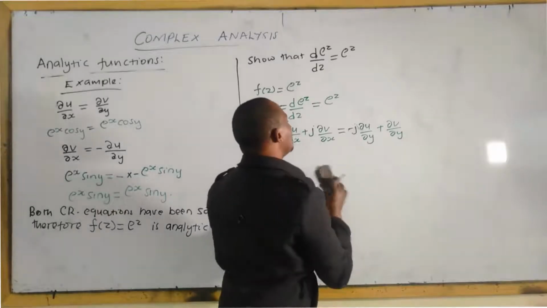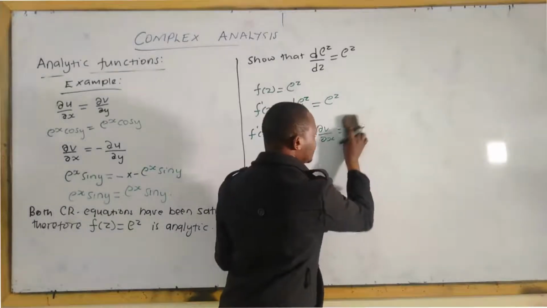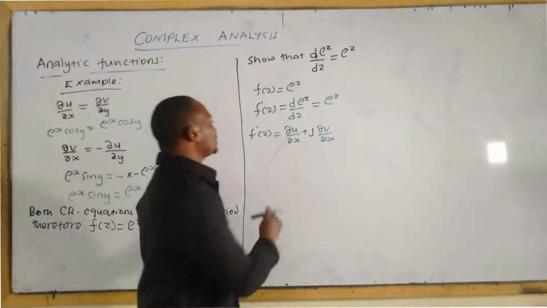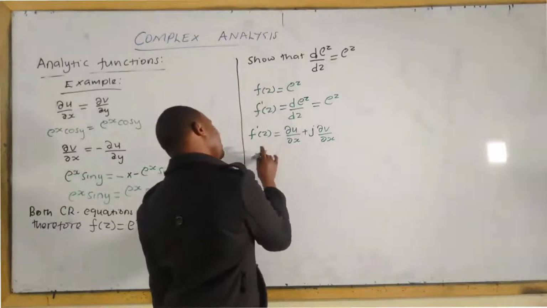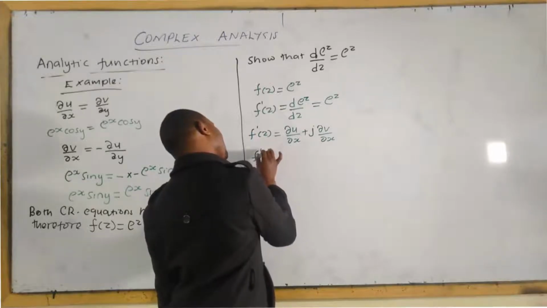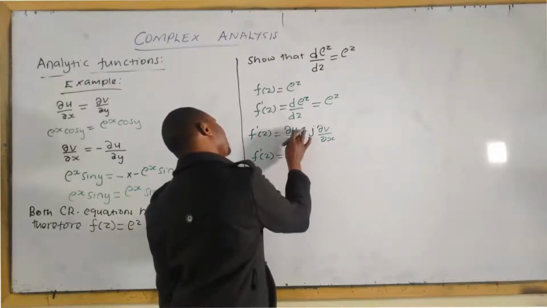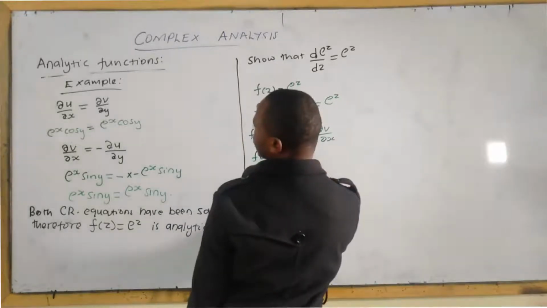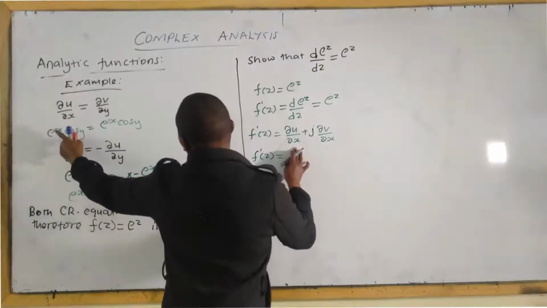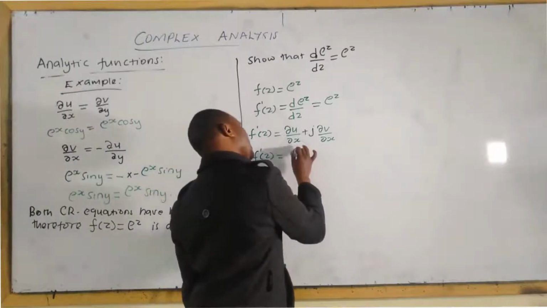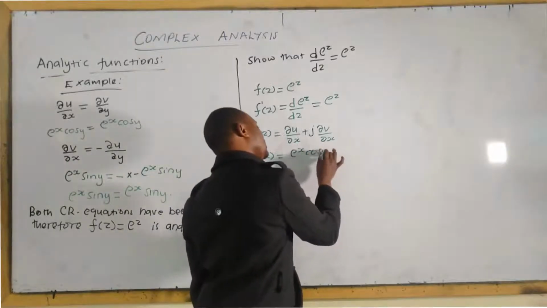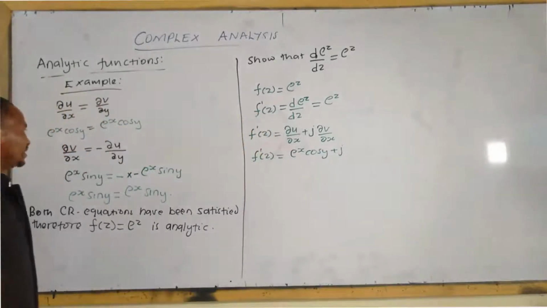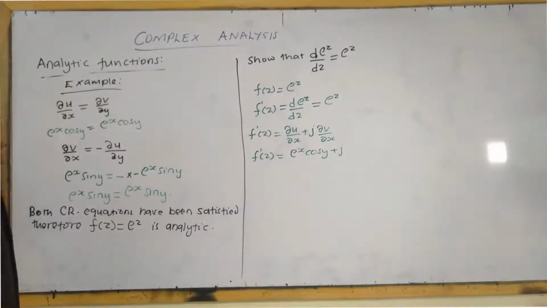So let us remove this. Which means now our first derivative of function z is equal to partial derivative of u with respect to x, which is exponential x cos y, plus j partial derivative of v with respect to x.